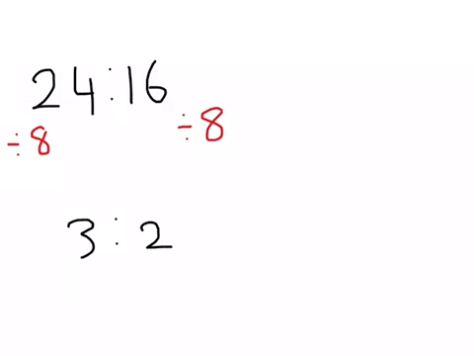Now, some other complicated ones you could get would be ones that have 3 parts. So if you have a ratio, let's say I've got 18 is to 24 is to 36. I need to find a number that goes into all of these numbers and preferably is the highest common factor so I can get to the simplest form straight away.